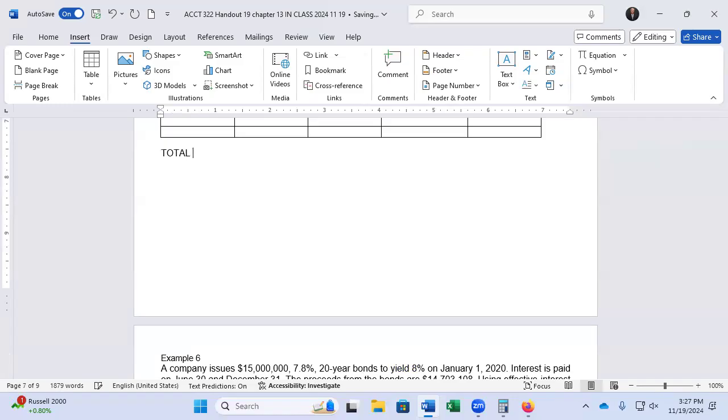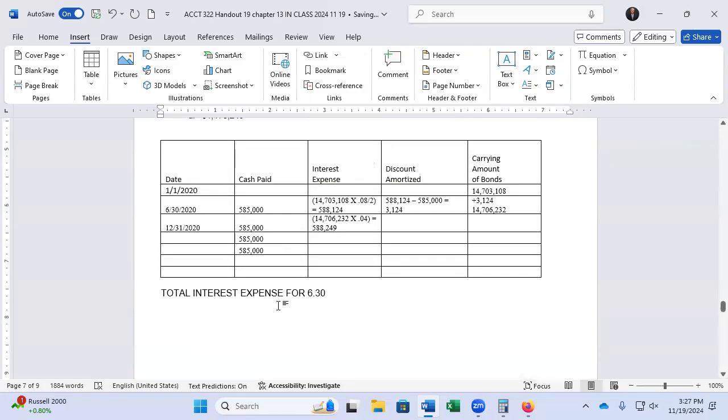We can total interest expense for 6/30, 588,124, and for 12/31, and that's 588,249.